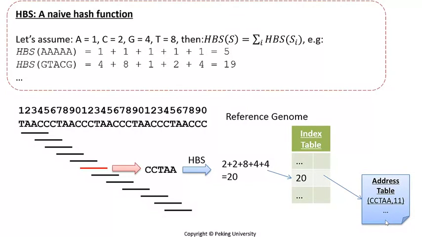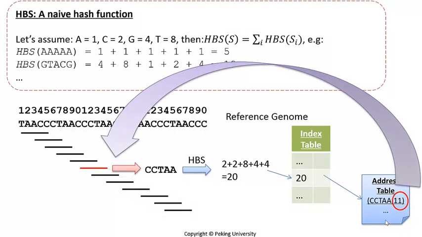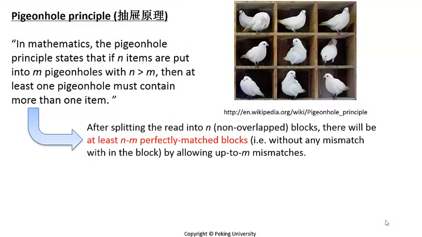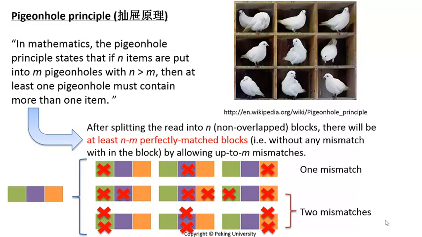To improve the sensitivity of read mapping, it is often allowed to have some mismatches. We can take advantage of the pigeonhole principle to split the read into non-overlapping blocks. For example, we split a read into 3 non-overlapping blocks. We can ensure that with 2 mismatches, there is at least one block that can be used as a seed matching perfectly to the genome.